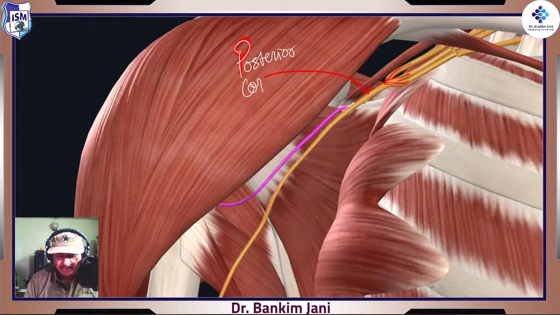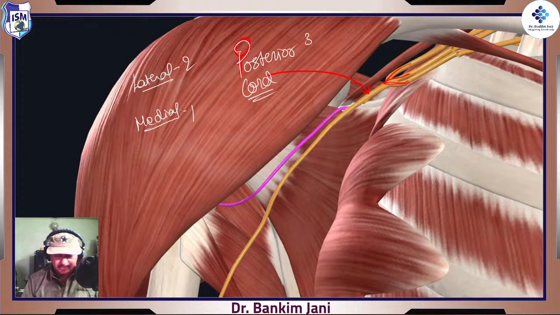Very nice. Now parallelly, if I ask how many divisions the lateral cord has: for lateral and medial we don't remember, but counting the letters, lateral has 7 and medial has 6, which is more. And posterior is formed by 3 divisions. True. So these are how the cords are.